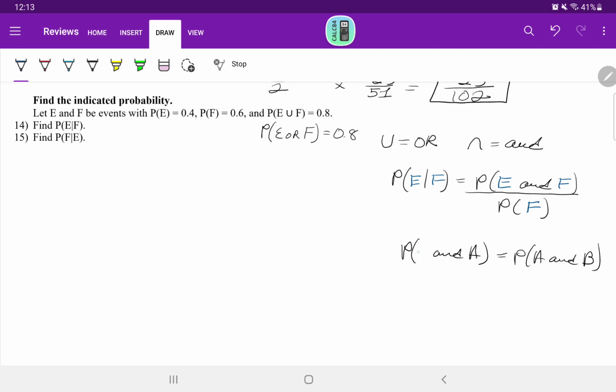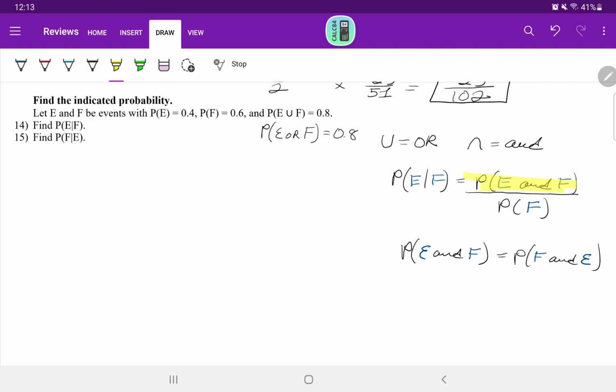Also for my formulas, E here, put an F there, F here, E there. Okay. To try to keep it consistent. So to find the probability of E given F, it equals the probability of E and F divided by the probability of F.